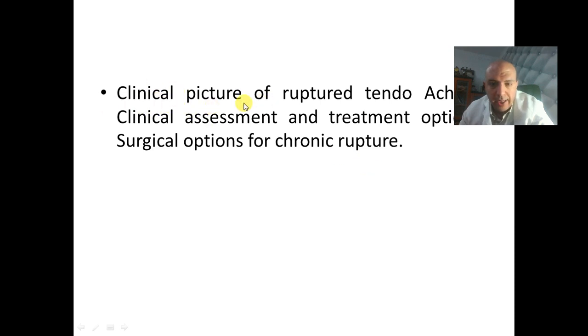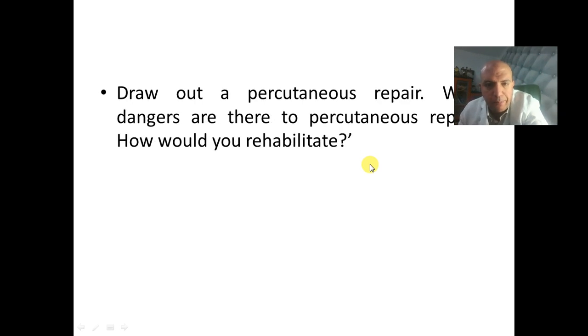They can give you a clinical picture of ruptured tendo-Achilles and ask you about clinical assessment and management protocol. What are the surgical options of chronic rupture, as I informed you.